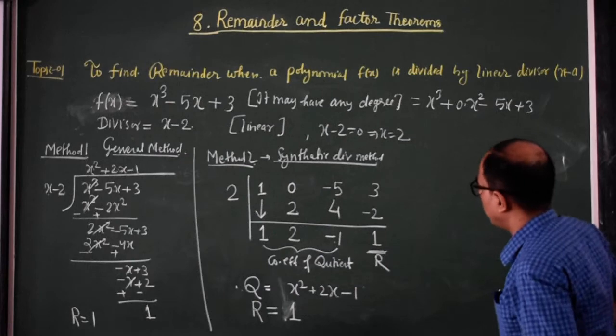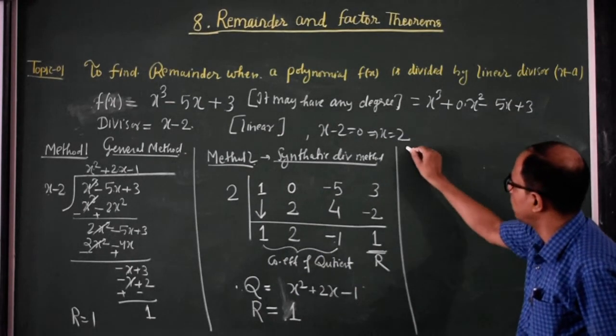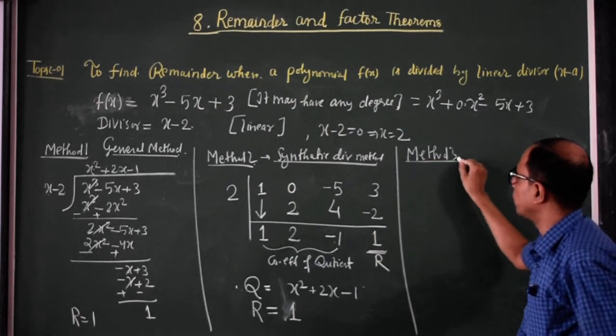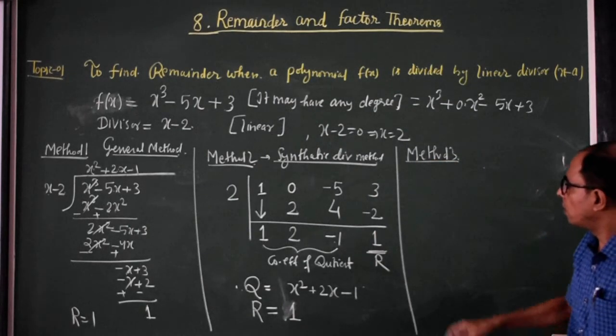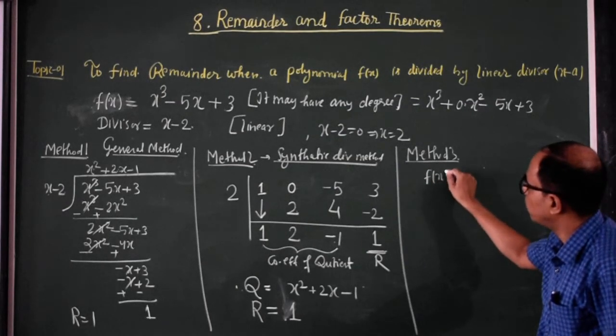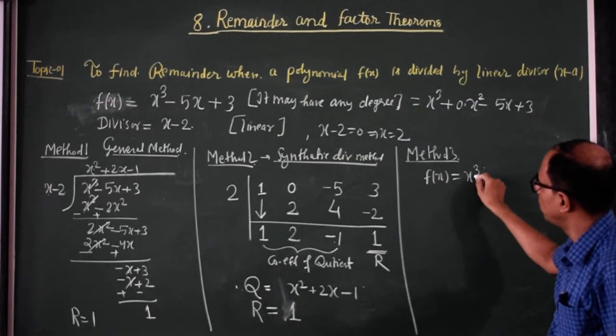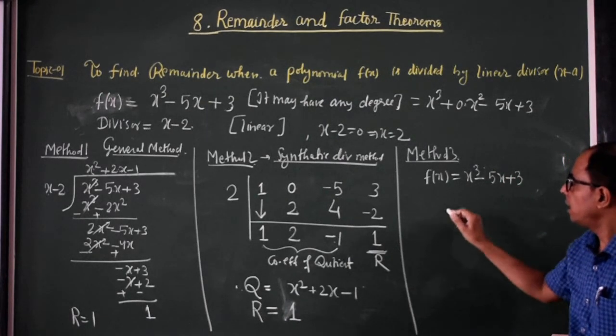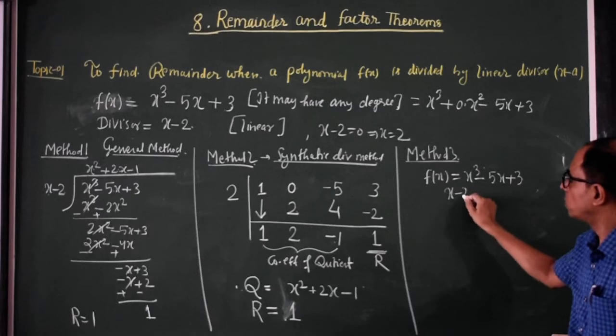Now method 3. Here the polynomial is x cube minus 5x plus 3, and the divisor is x minus 2.